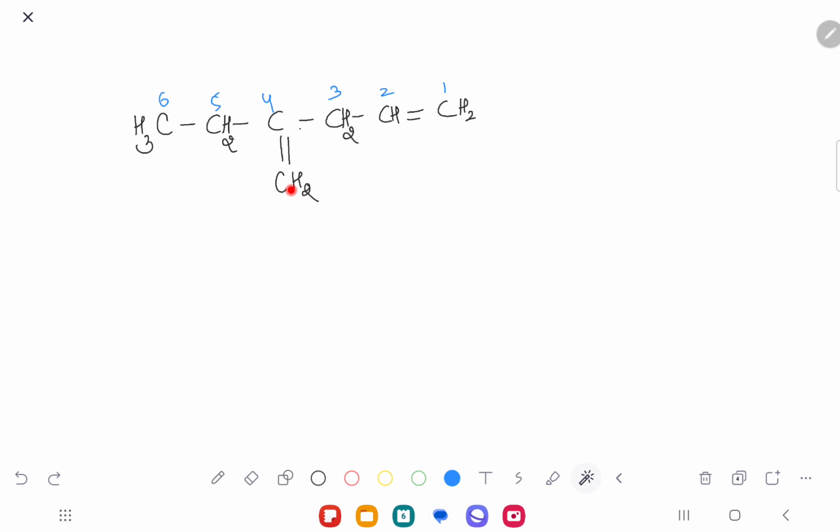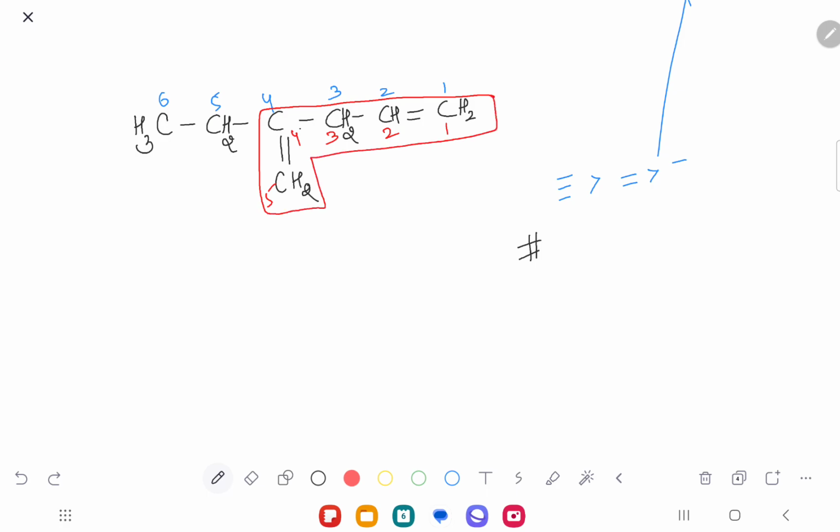Because we already know the preference order that, in a chain, if there is a triple bond, that property would be shown more, then double bond, and then single bond. What is happening here? Here we have double bonds. So the second rule is that sometimes it is possible that with this numbering 1, 2, 3, 4, and 5, this red chain is a smaller chain.